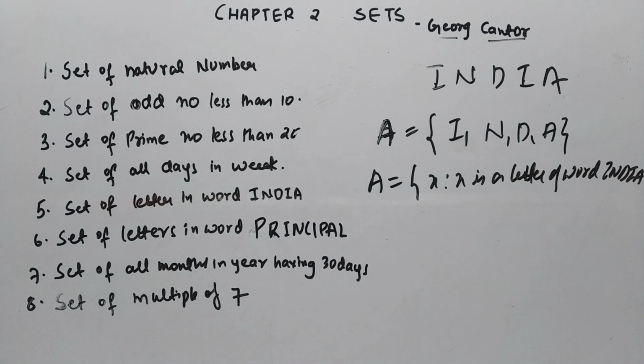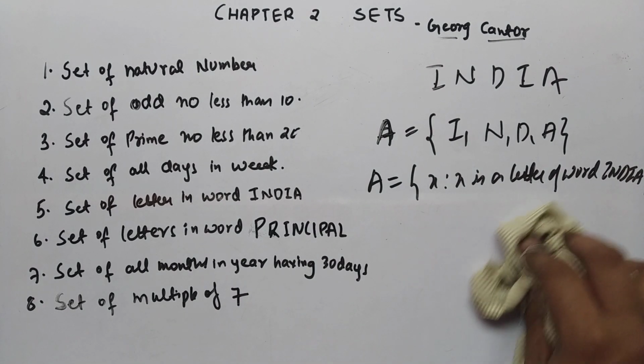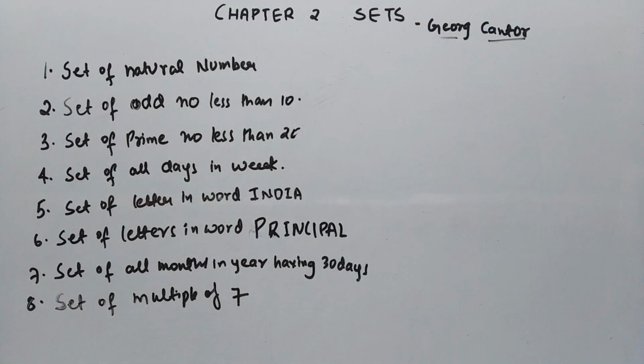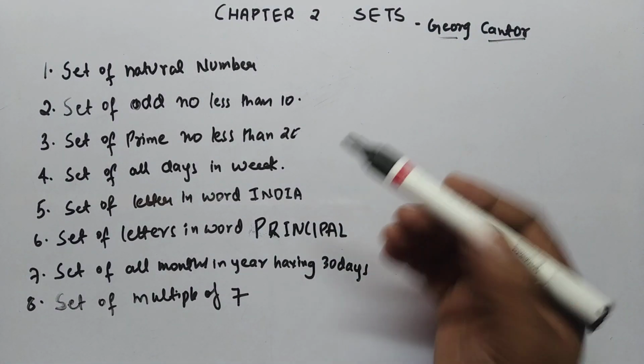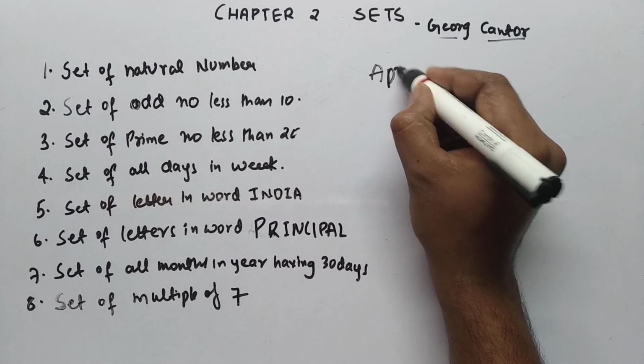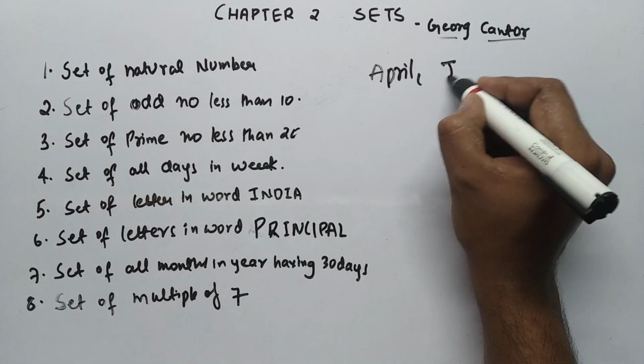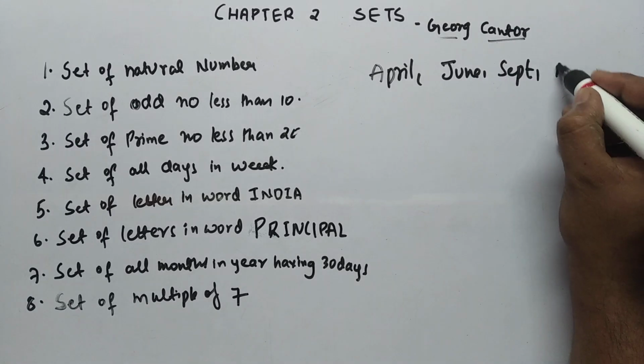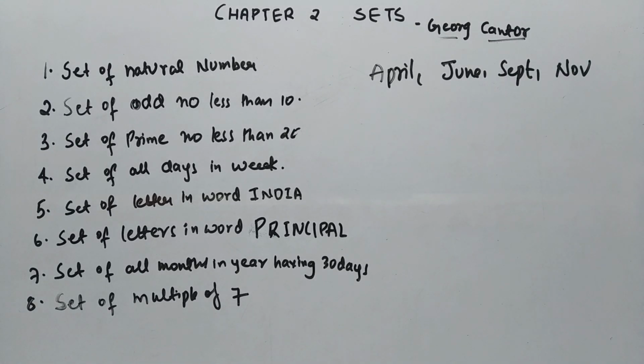Next, the question is the set of all the months in a year having 30 days. You know the months which have 30 days: April, June, September and November. These are the four months that have 30 days in a year.